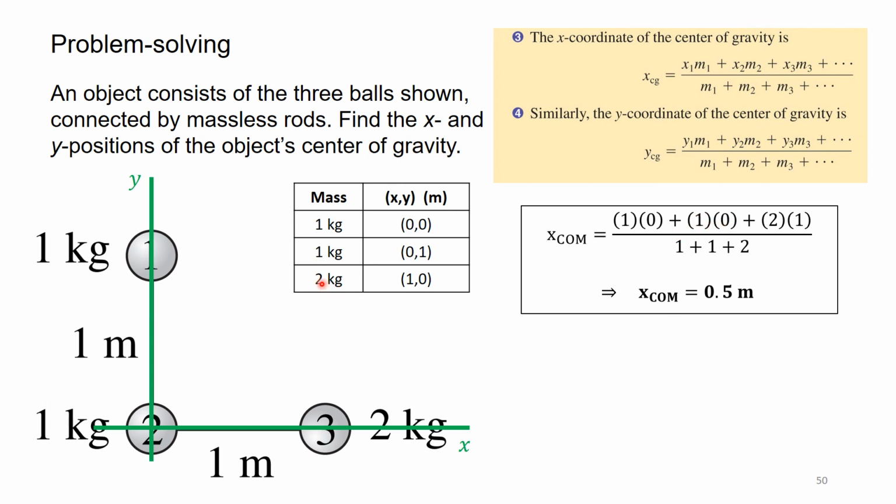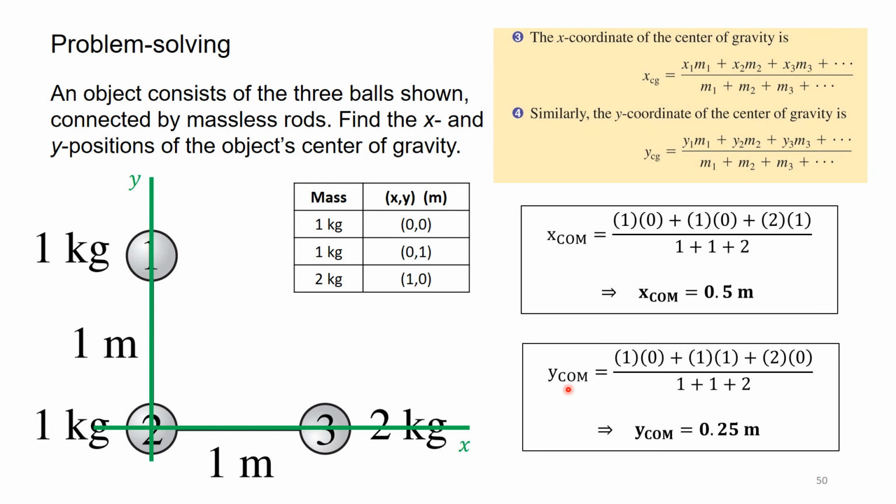For the third mass, 2 kilograms, you do 2 times 1, so we write 2 times 1. That's the only non-zero term. Then you divide by all the masses added together, the total mass, which is going to be 4 kilograms altogether. So 2 divided by 4 gives you 0.5 meters. So we are done with the x coordinate of the center of mass.